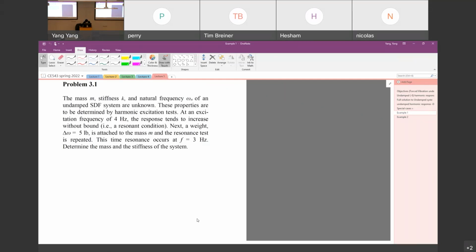Next, if we add some weight here, we will say the resonance occurs at a frequency equal to 3 Hertz.